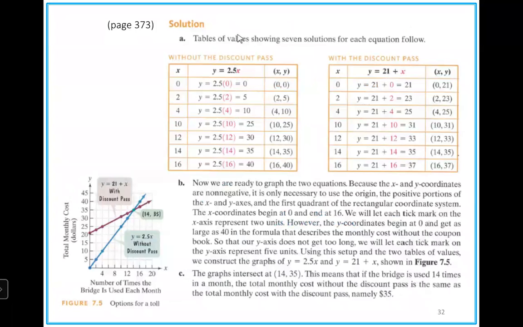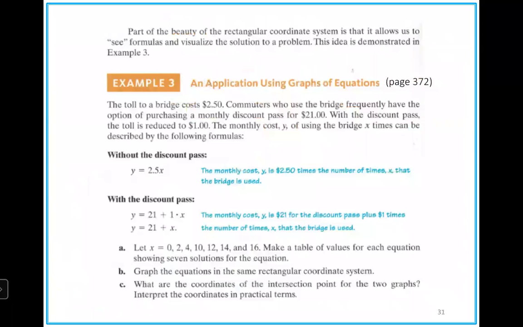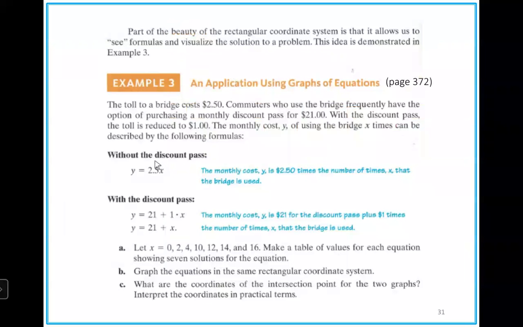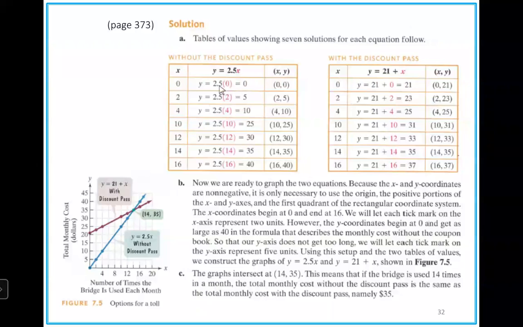So they give the working using what they suggest: 0, 2, 4, 10, 12, 14, 16. Based on the first formula, which is y equals 2.5x, which we have here, they worked out the values.